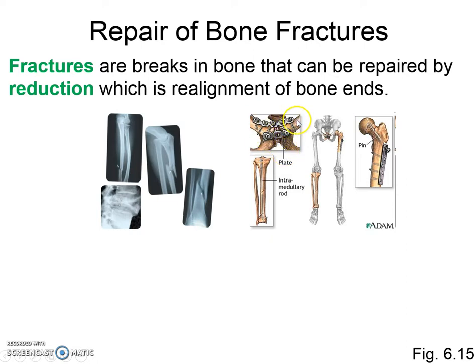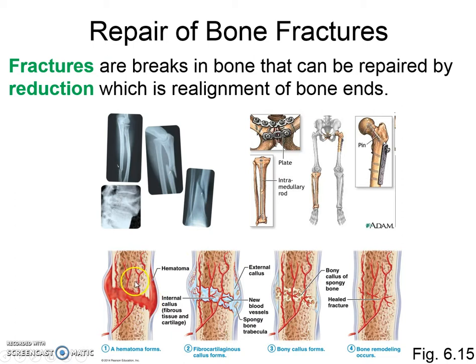To help you do reduction, a lot of times what you're going to need is, for instance, a cast. The cast will help realign the bone. But you can also use things like a plate or a pin or a rod. These artificial metal structures will realign the bone so that when they grow back, they'll grow in the correct position.